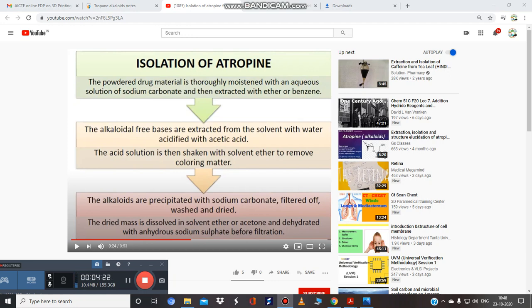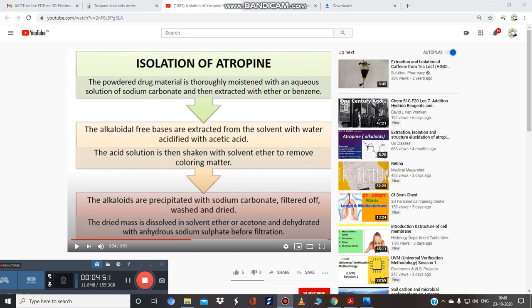Then it was extracted with benzene or ether, again a non-polar organic solvent. Then the alkaloidal free bases are again extracted from the solvent with acidified water, or you can use acetic acid. If you use acetic acid, salt formation will take place.